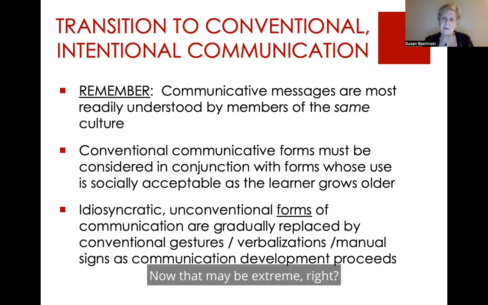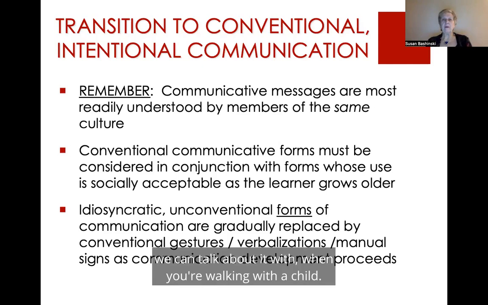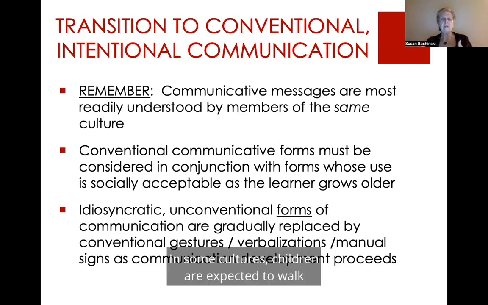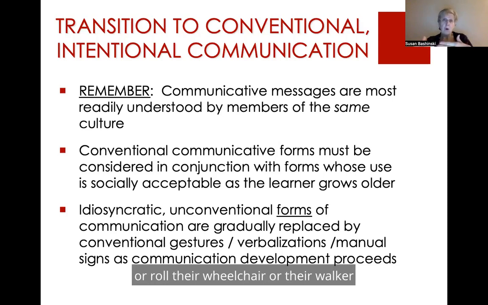Now, that may be extreme, right? But it's the notion of culture. We can talk about it with eye contact. We can talk about it when you're walking with a child. In some cultures, children are expected to walk or roll their wheelchair or their walker behind the adult who's with them.